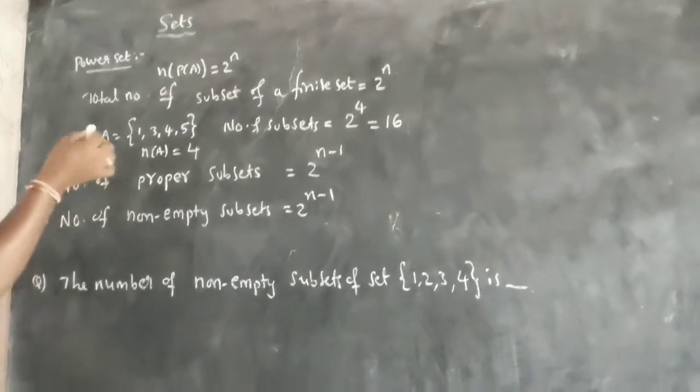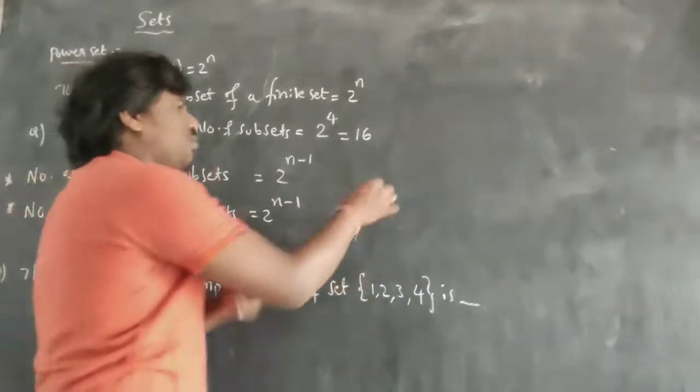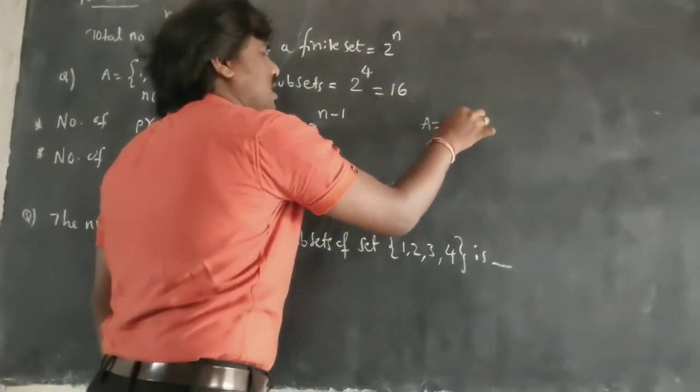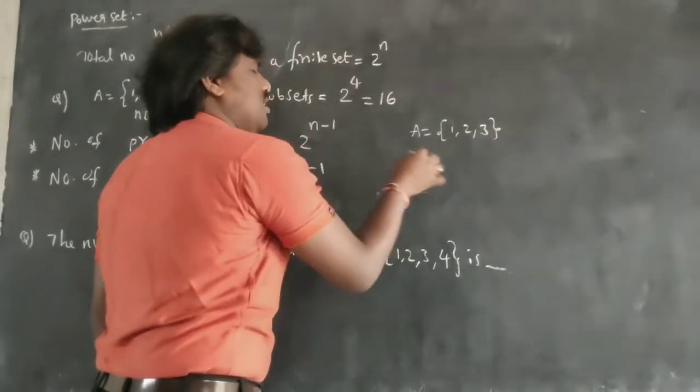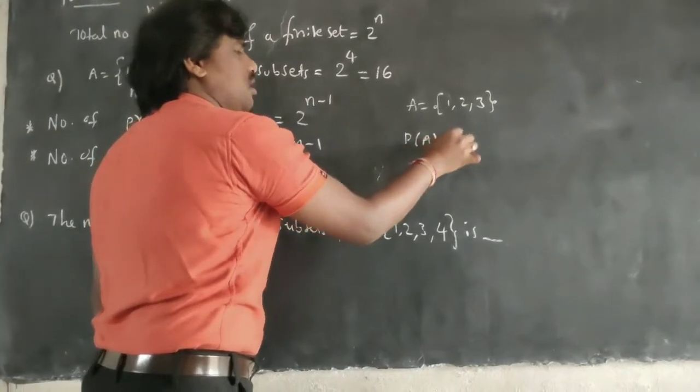Now, the formula for the number of proper subsets. For example, take A equal to {1, 2, 3}. All the subsets of this set form the power set.